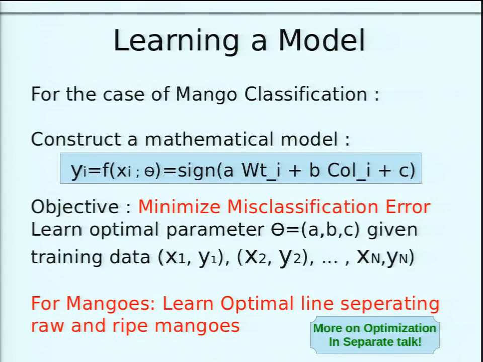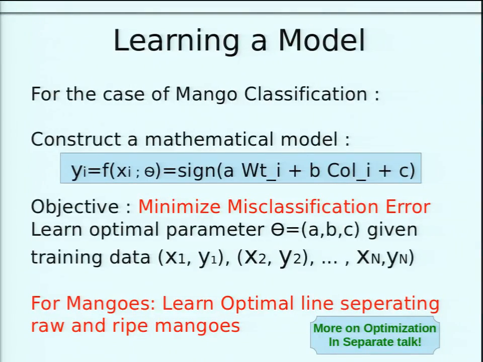I want to find the a, b and c, the parameters of the straight line, to get the best possible straight line. So let's call theta as a, b and c, where a, b and c or theta is the parameter, and I want to find the best parameter to give me a good separating function between the two classes.